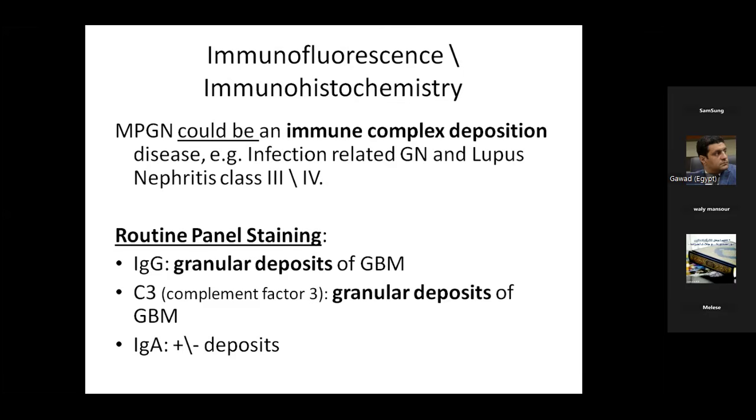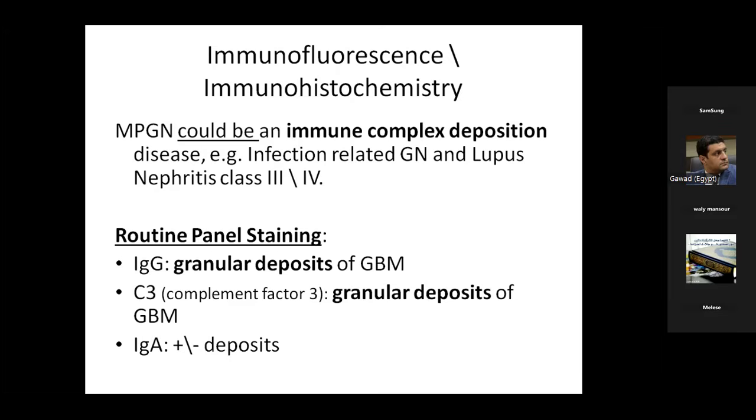But let's consider here the famous MBGN of infection-related glomerulonephritis or lupus nephritis, an MBGN pattern of injury in cases of class 3 or class 4 with mesangial expansion, hypercellularity, endocapillary hypercellularity, and glomerular basement membrane thickening with double contouring.